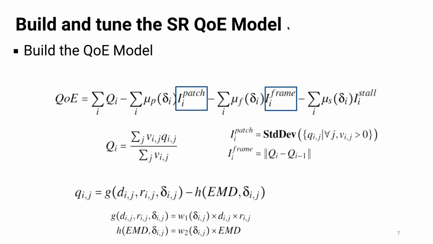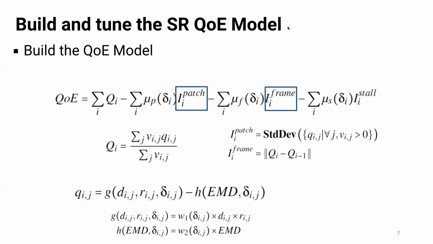And then there are some other variables like I-patch and I-frame. I-patch is the standard deviation between the patches in the i-th frame. So you can consider the quality variance of the patches in the i-th frame.